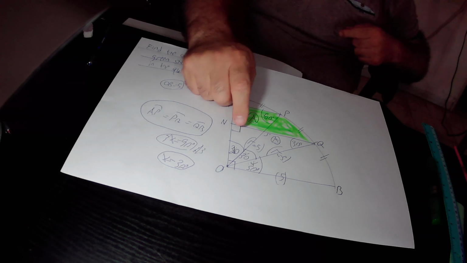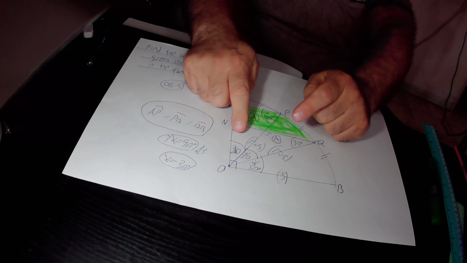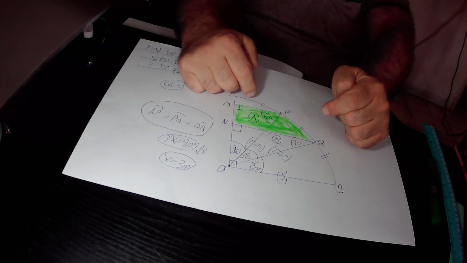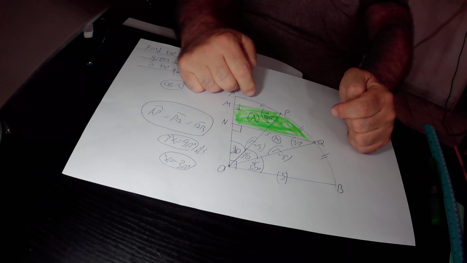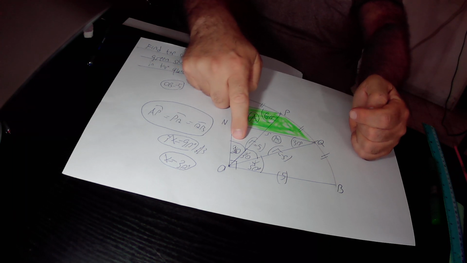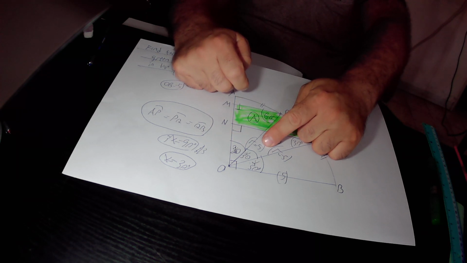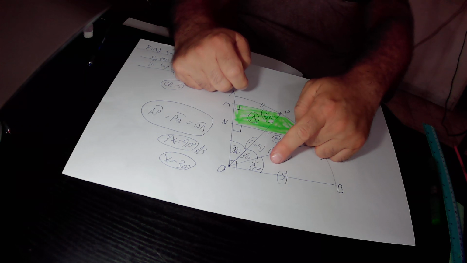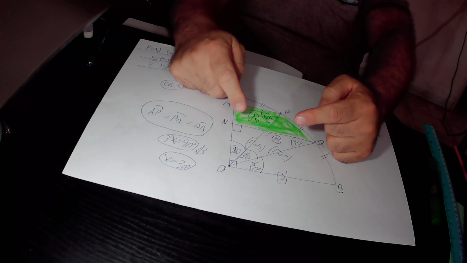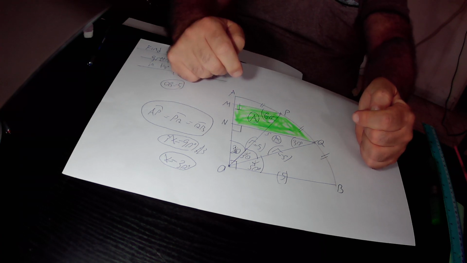That is to say, those three central angles must be equal to each other in size. If you define the size of this central angle as x, then the size of this central angle must also be x, and this one must also be x, because they are located in front of equal arcs.